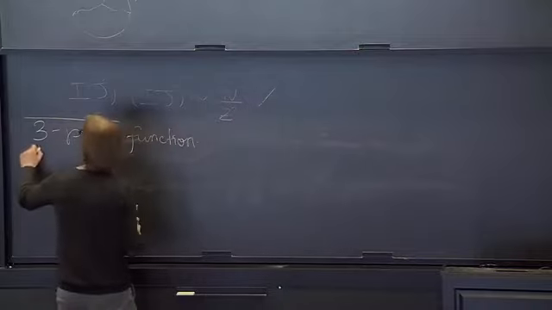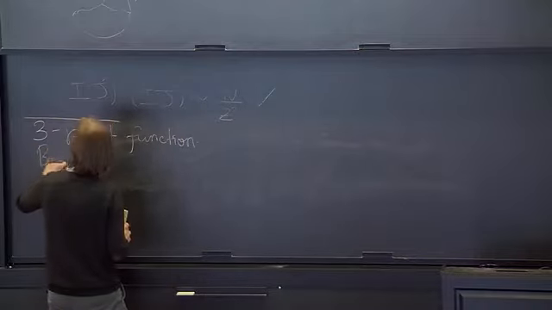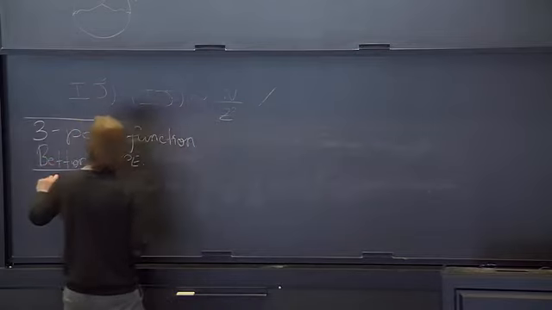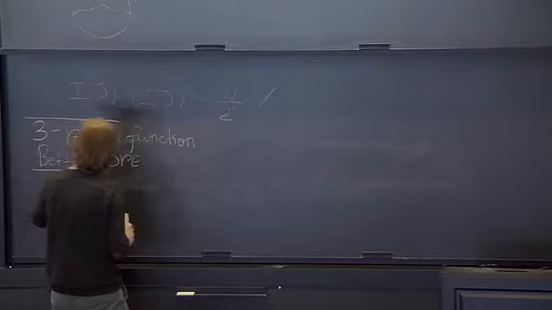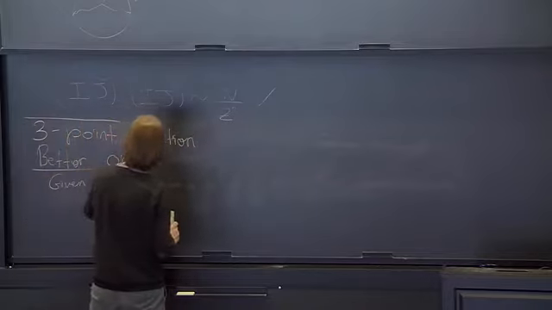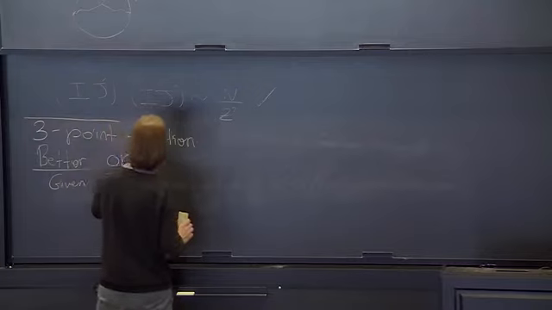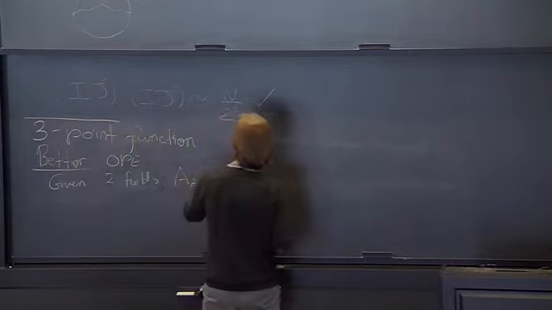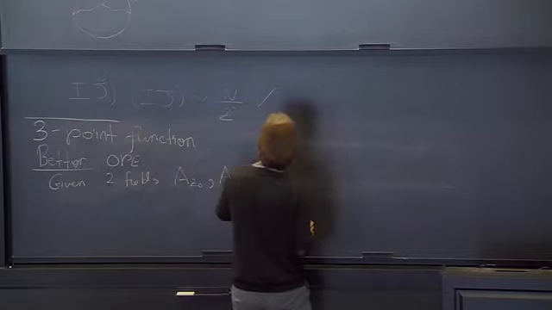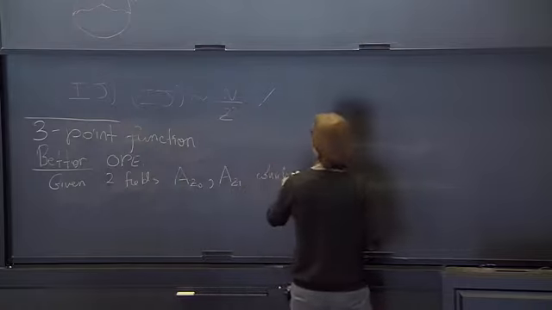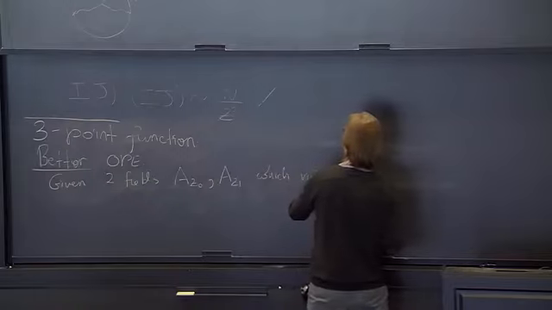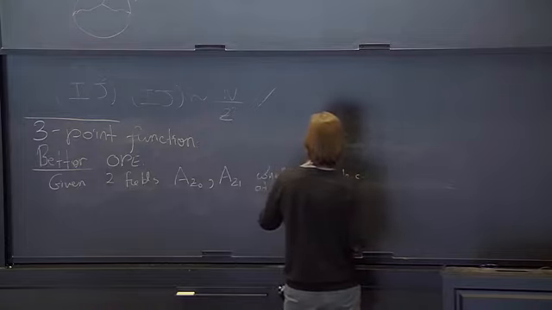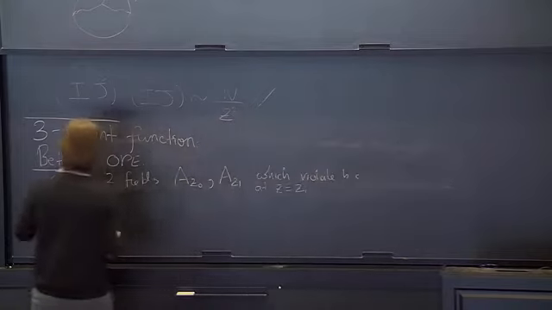So given 2 fields, A z0 and A z1, which violate the boundary condition at z equals zi.